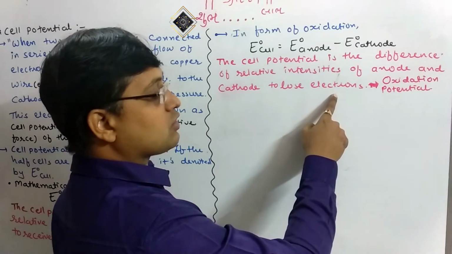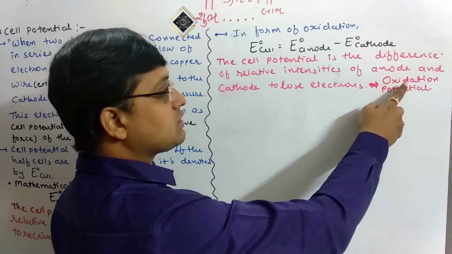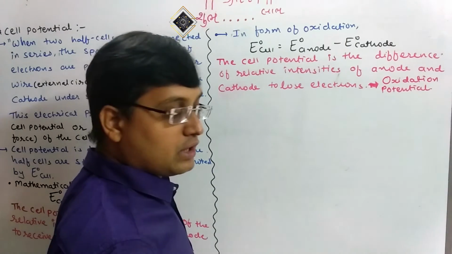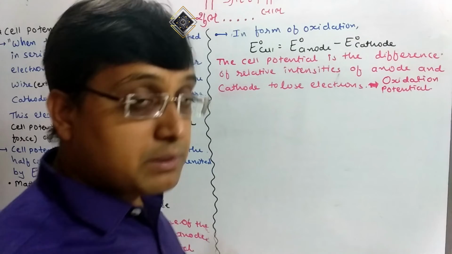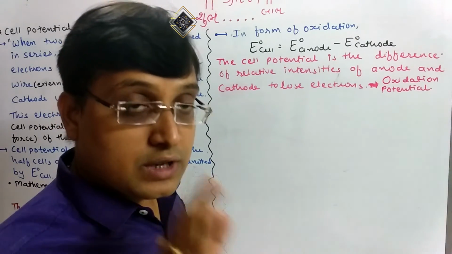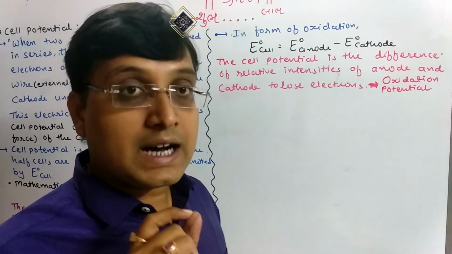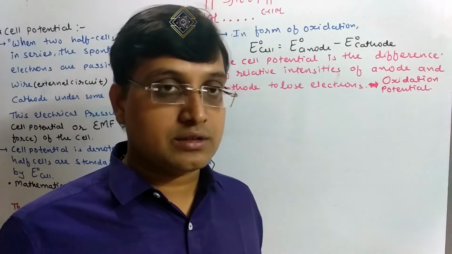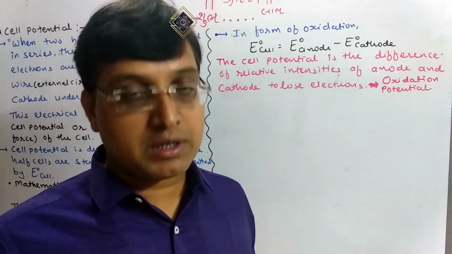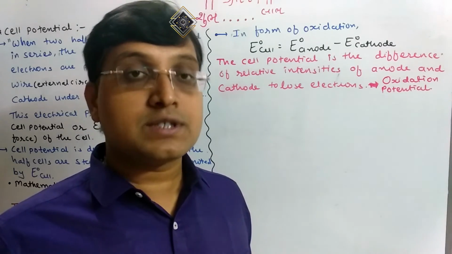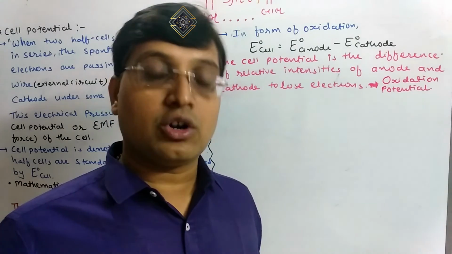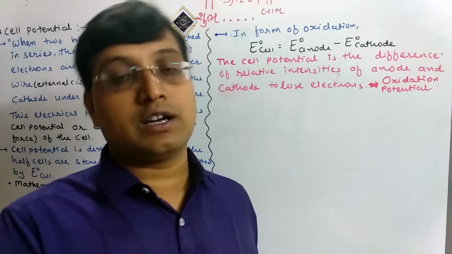To lose electron is called an oxidation reaction, so this difference is known as oxidation potential. For a half cell, remember, oxidation and reduction potentials are opposite in sign but same in magnitude. But in case of the cell potential, it is always positive, whether it is an oxidation potential or a reduction potential.